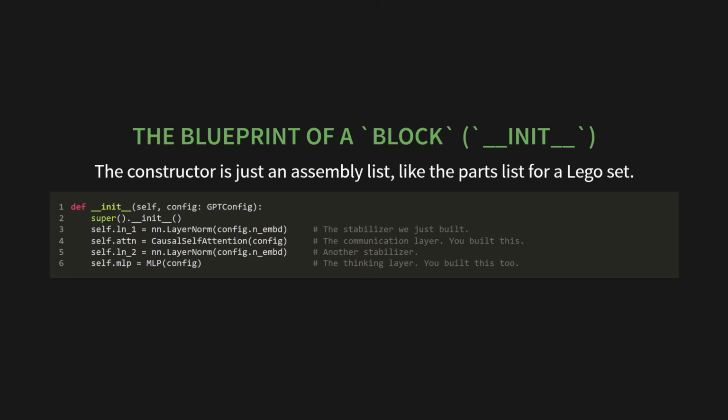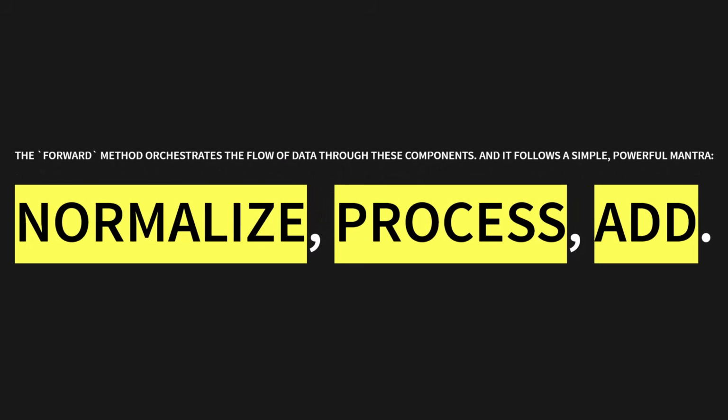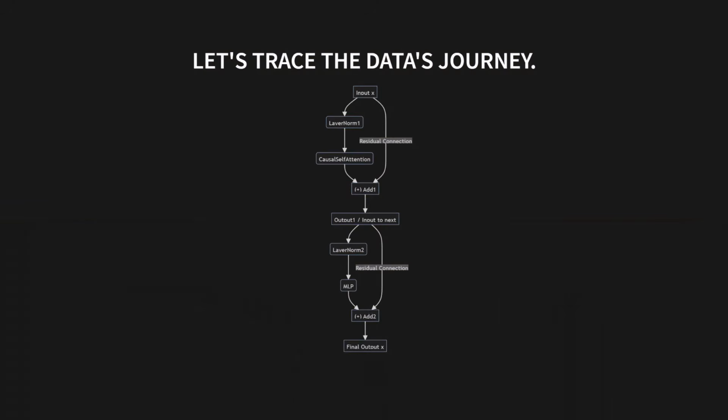And finally, self.mlp equals MLP, the thinking layer. You built this too. There is zero new complexity here. It's just a container for the components we've already mastered. The forward method orchestrates the flow of data through these components, and it follows a simple, powerful mantra. Normalize, process, add. Let's trace the data's journey.